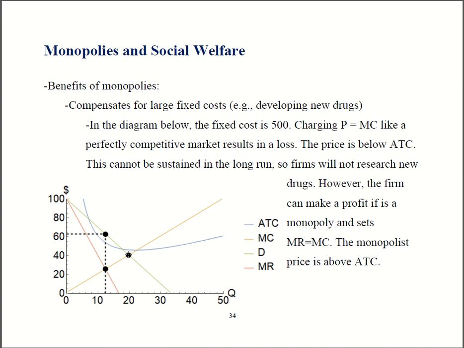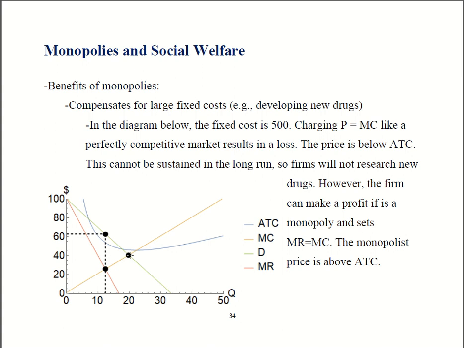So price is your average revenue per unit. ATC is average cost per unit. The perfectly competitive firm is not bringing in enough revenue to pay for that cost. So in perfect competition, the firm makes a loss. You might be able to survive that in the short run, but long term, this is not sustainable.